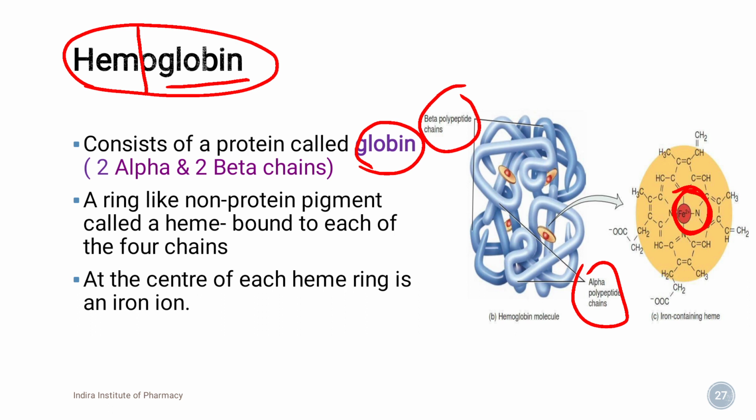A ring-like non-protein pigment called heme is bound to each of these 4 chains, and at the center of each heme ring is the iron.